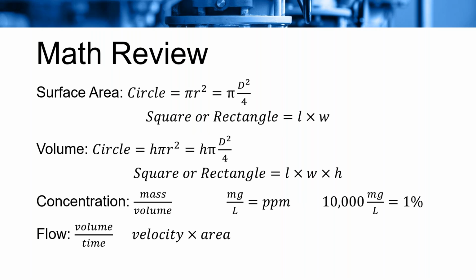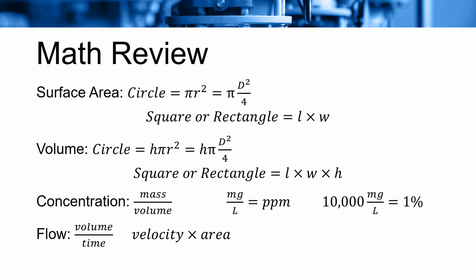So, real quick, the math review. It's important to understand some of the concepts of area and volume that you might see. A typical surface area is going to be your circle or your square or rectangle formulas. For a circle, I like the pi r squared formula, where r is your radius, but a lot of people prefer the diameter because it's typically what's provided.